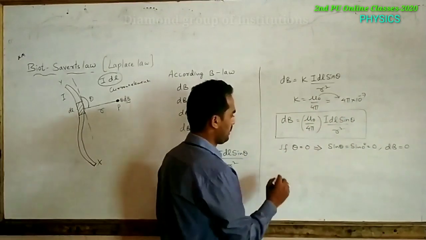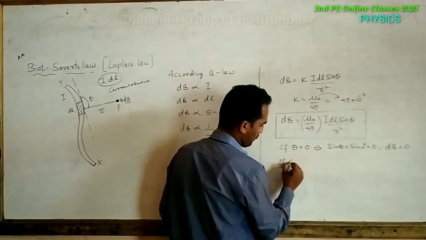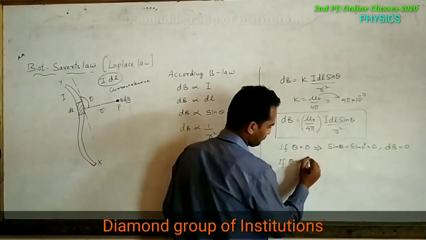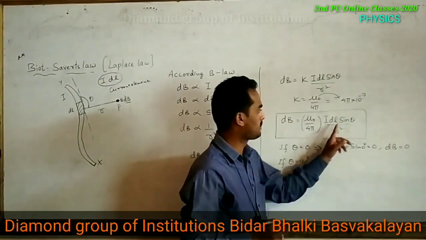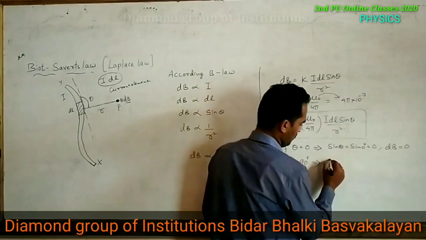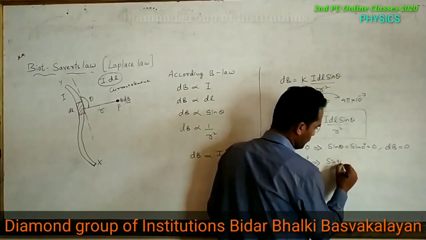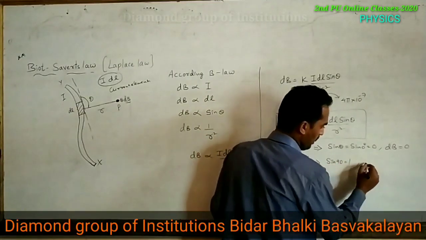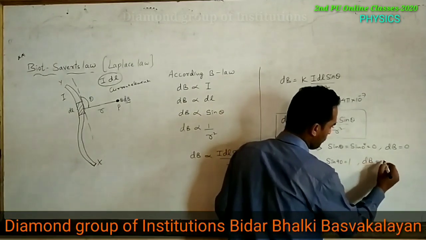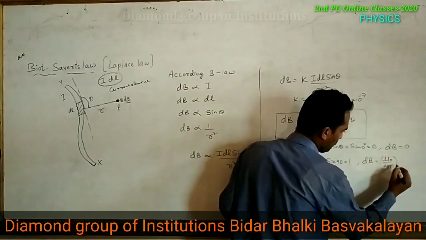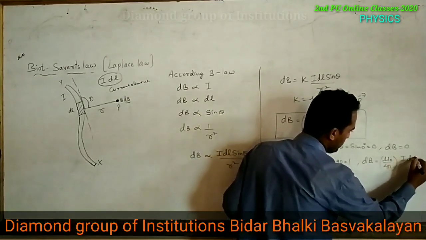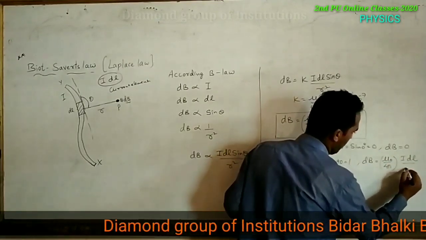Next, if theta equal to 90 degree, sin 90 is 1, so the dB value becomes mu naught by 4 pi into I dl divided by r square.